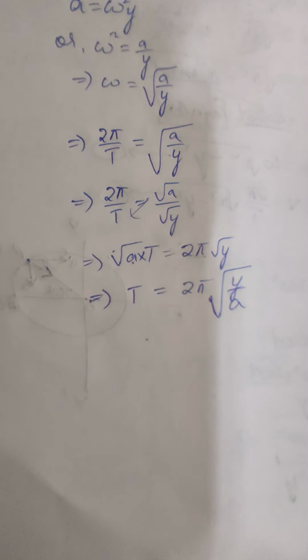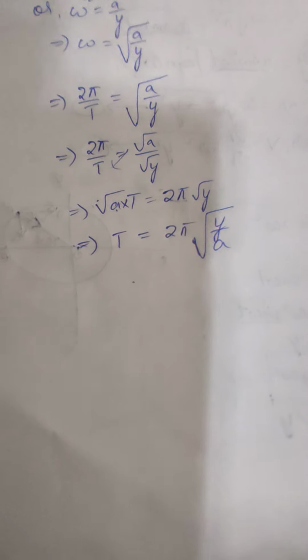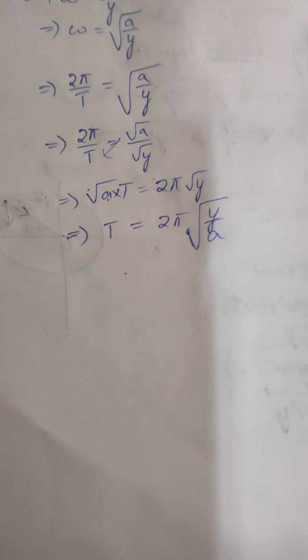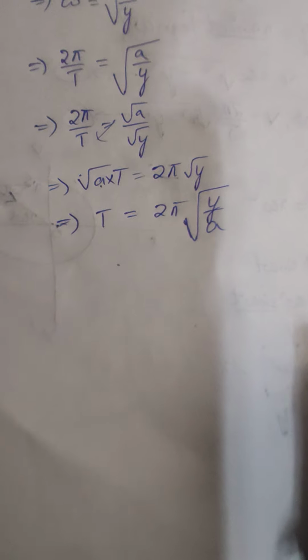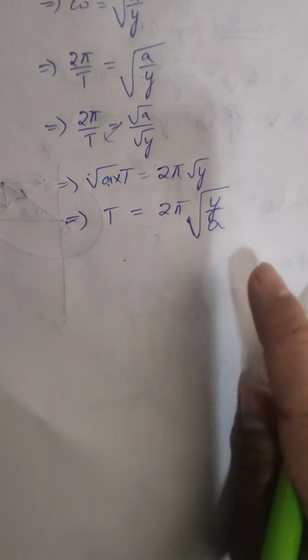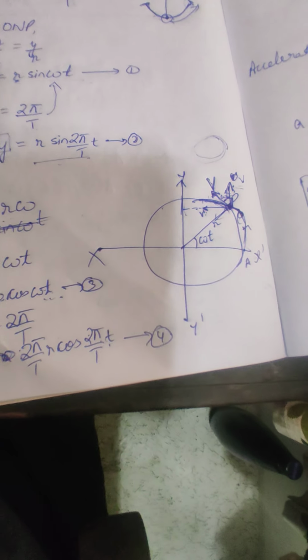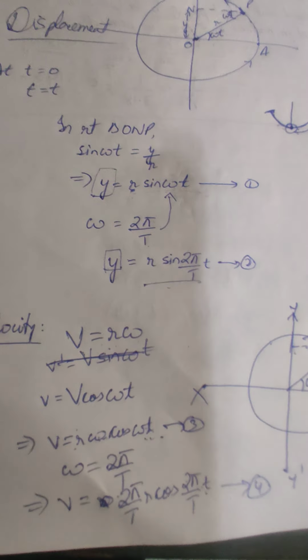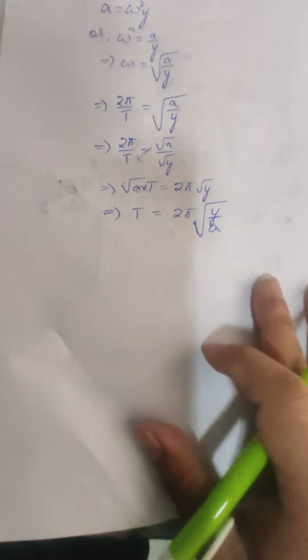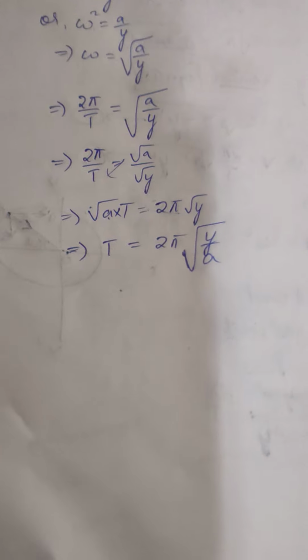So this is the value which can be used to calculate the time period, 2 pi root y by a, where a is the acceleration and y is the displacement. And if we know these values, then we can calculate the value of T.